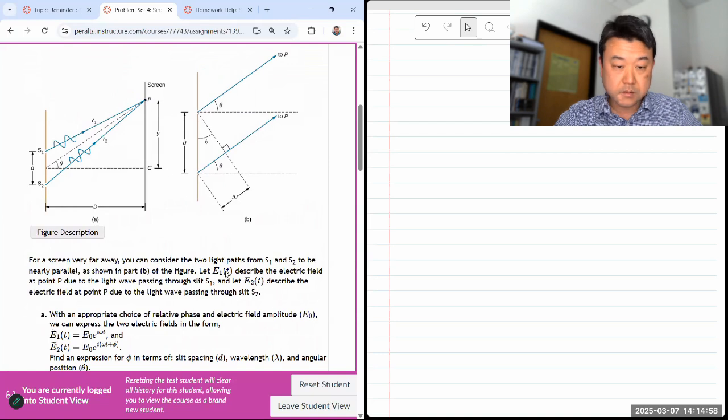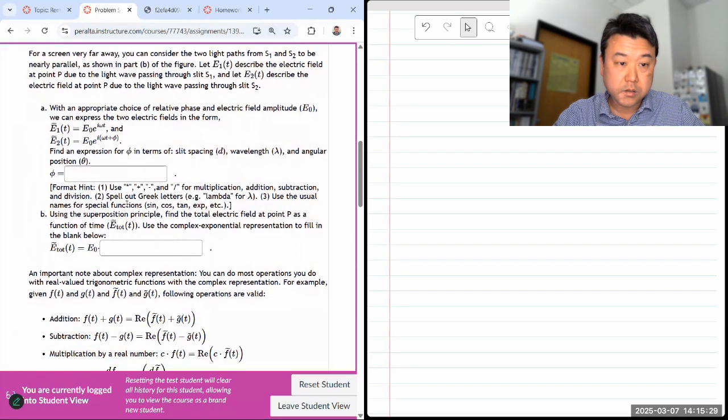Let E1, as a function of time, describe the electric field at point P due to the light wave passing through slit S1, and let E2, as a function of time, describe the electric field at point P due to the light wave passing through slit S2.